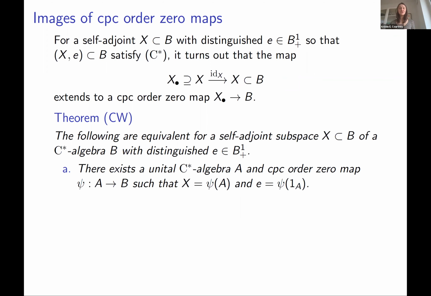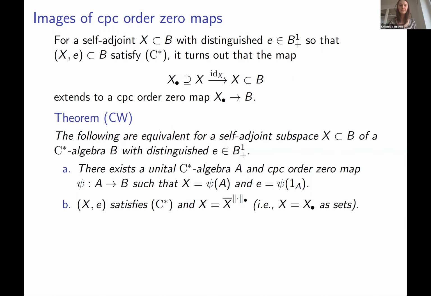The first is just that X is the image of a unital C-star algebra under some CPC order 0 map that sent the unit of the C-star algebra to this distinguished order unit E. And that's equivalent to saying that the pair X and E satisfies C-star, and moreover, X is closed with respect to this bullet norm that we can define, which you should think of as saying that X and X bullet are equivalent as sets. Taking this closure doesn't add anything to X.